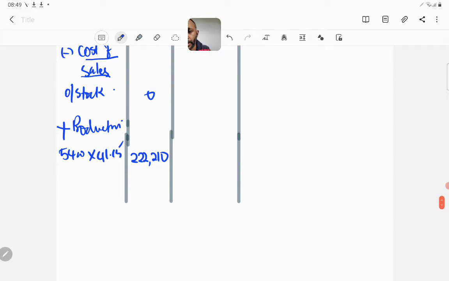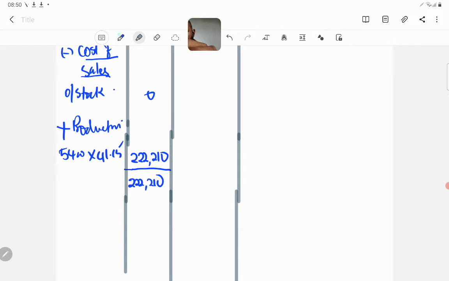So we take the total of these two, that again is 222,210. Then we subtract closing stock.